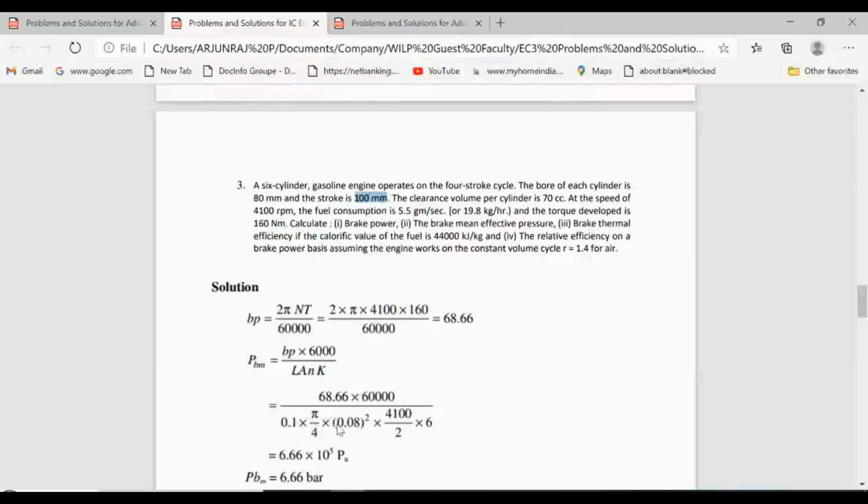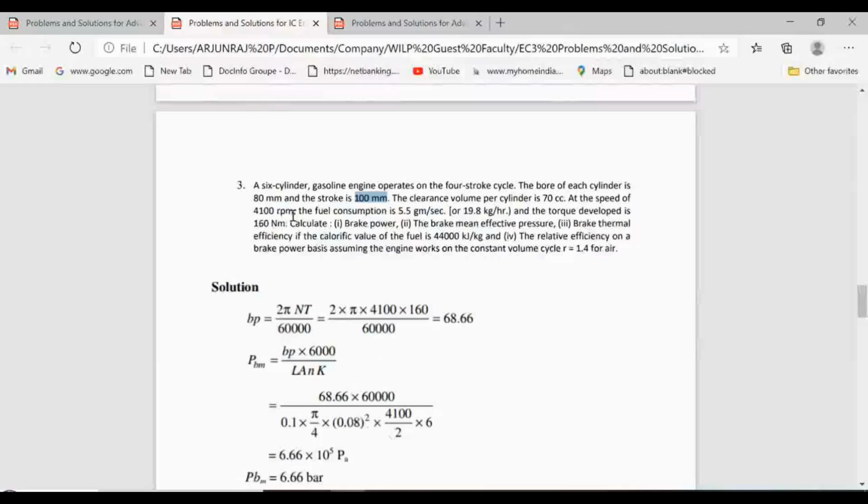And here they have done a conversion. So pi by 4 d square, where d is 80 mm, you are converting it, dividing with respect to the conversion, and making it 0.08 the whole square, into 4100, which is nothing but the speed they have given.